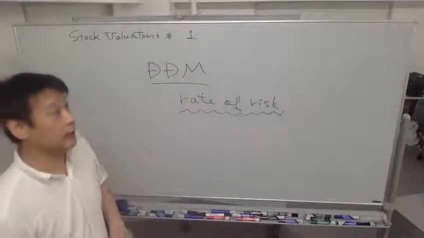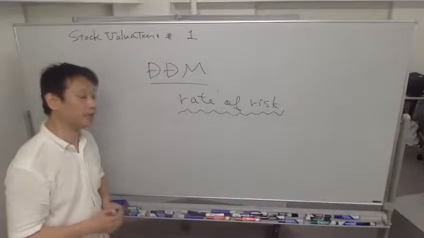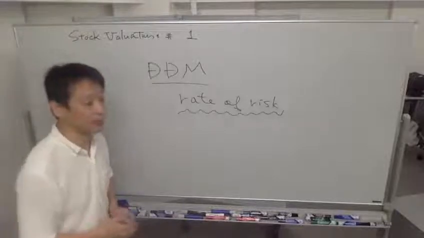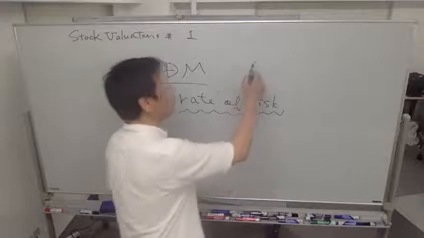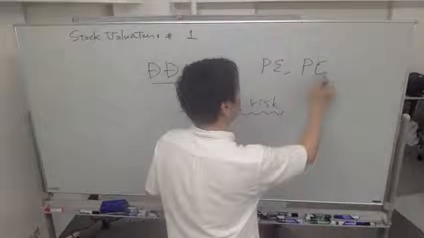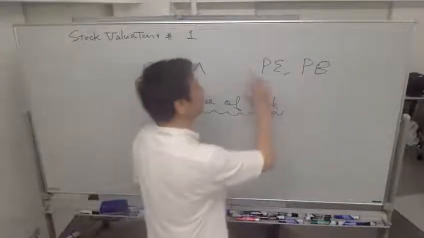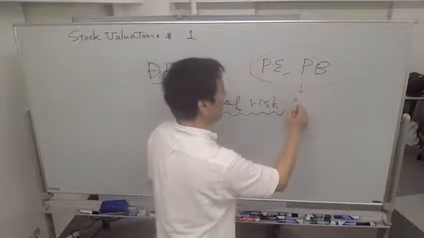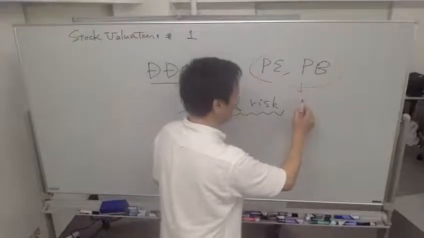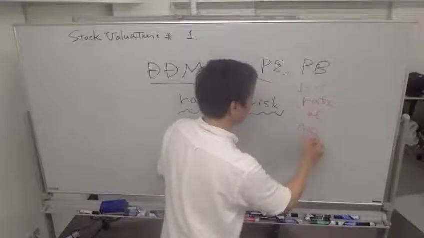With this, DDM differentiates itself against other conventional valuation tools such as PE multiples, PP, book values, because they only think a lot about rate of return.